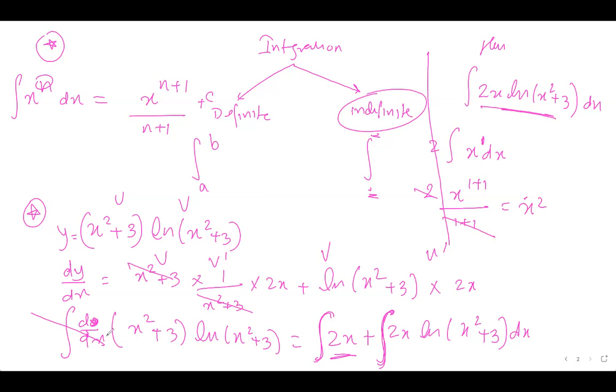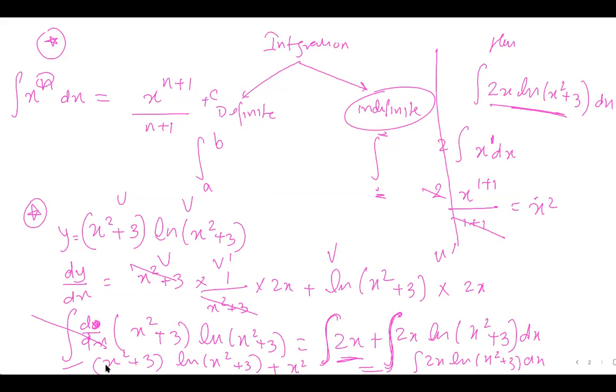So the integration of this side is (x squared plus 3) ln(x squared plus 3) plus x squared, which equals the integration of 2x ln(x squared plus 3) dx. So this is the integration of this part basically. You bring it this side, so it becomes minus here. So that's your integration, and don't forget to put a constant.